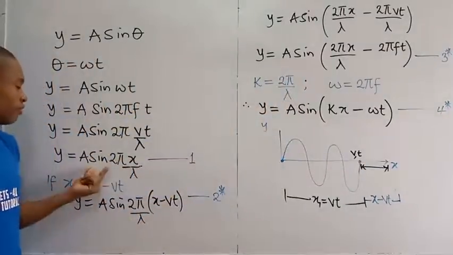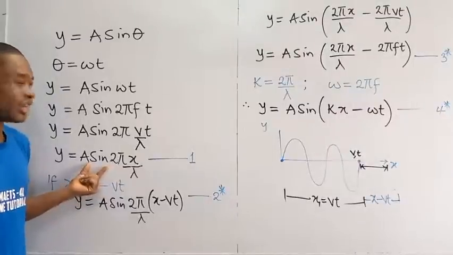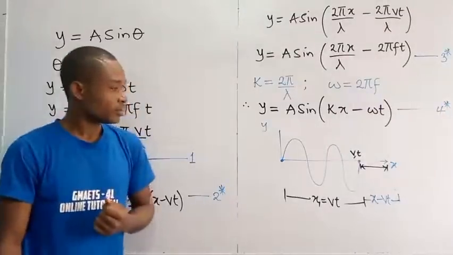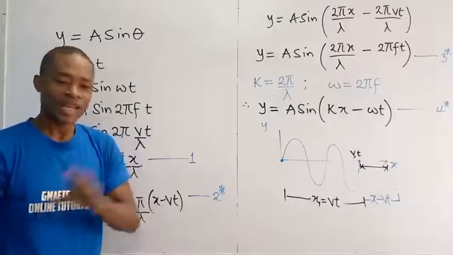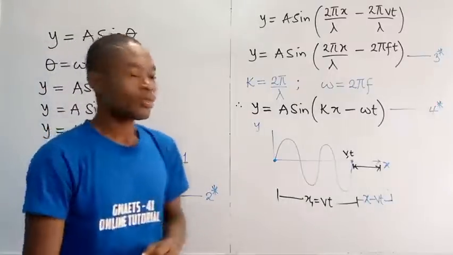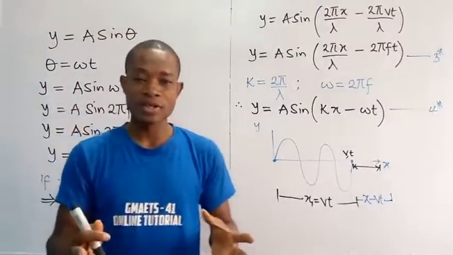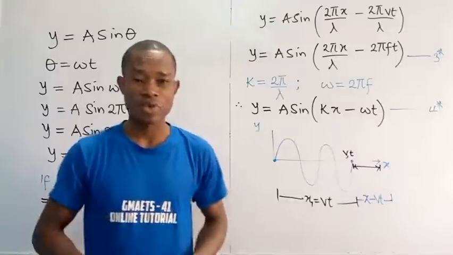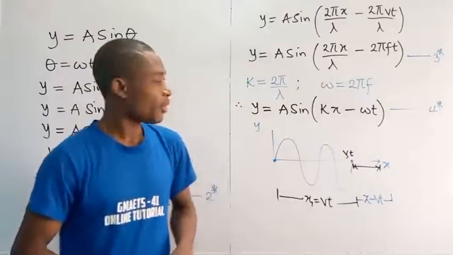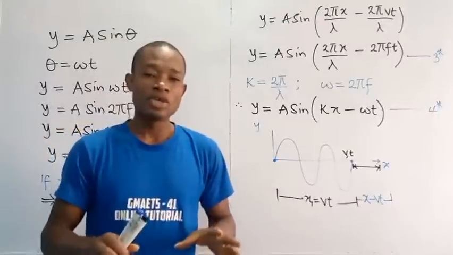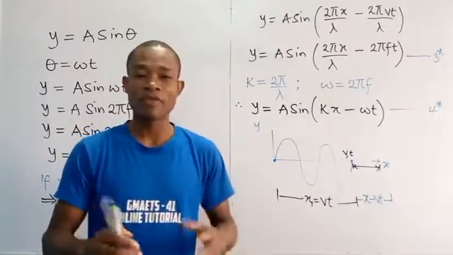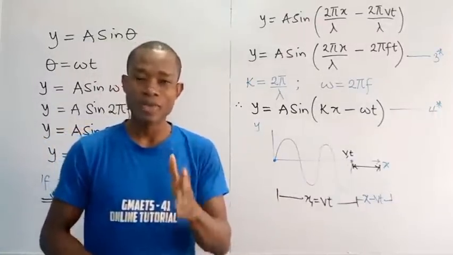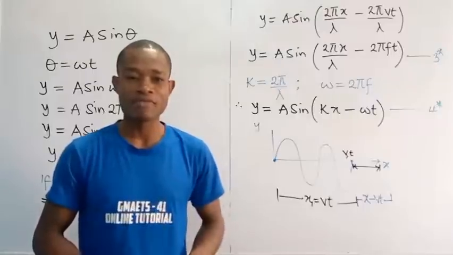But remember, all of them were obtained from the standard form, equation 1. Is there a question? I hope you understand this derivation of the progressive wave equation. Alright. We are going to see how we make use of this equation to solve problems on progressive waves.